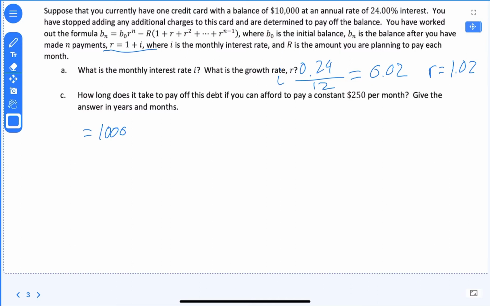10,000. This is our B-O-R-N, right? The original times 1.02 to the N, that's what we're trying to solve for, minus the recurring payment of 250 times (1 minus r) over (1 minus r), and this is to the what?